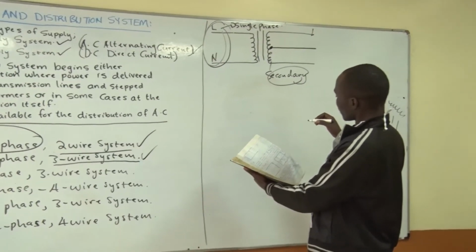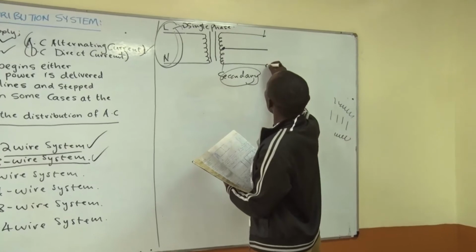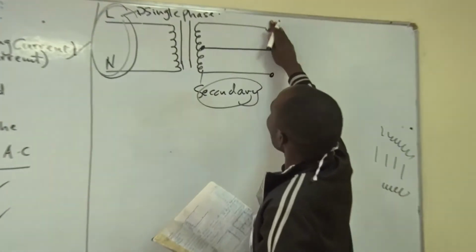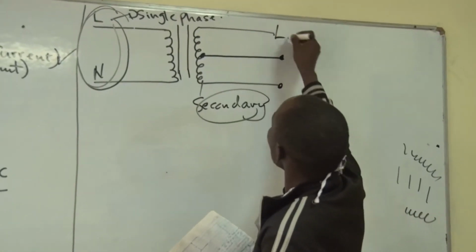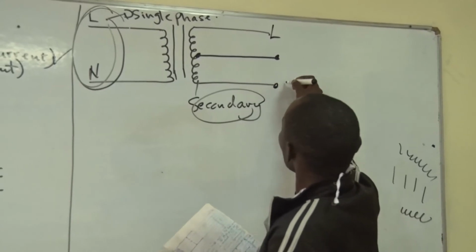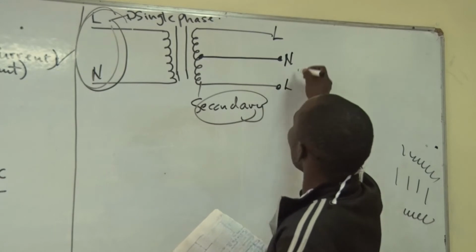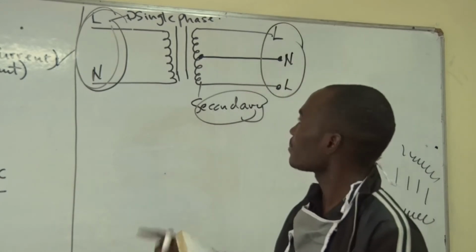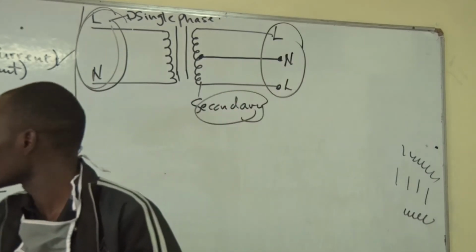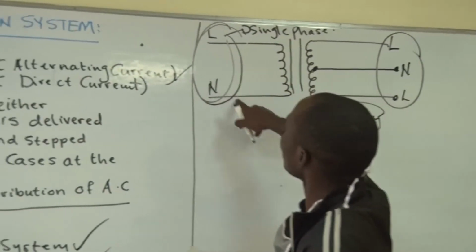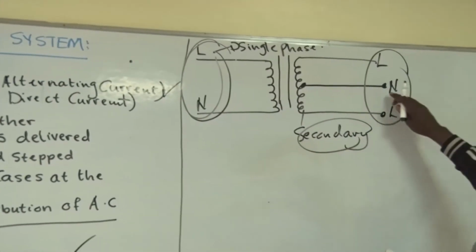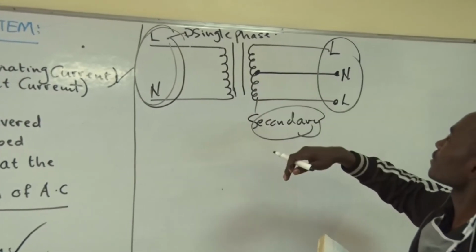Let's go to the second one, the single phase 3-wire. You can see that it has got 3 wires. We have got the neutral wire and the live wire. So it brings up this name of the single phase, whereby we have got the live and the neutral, and a neutral tapped at the center of the transformer.